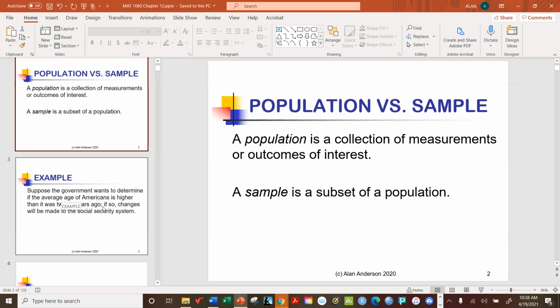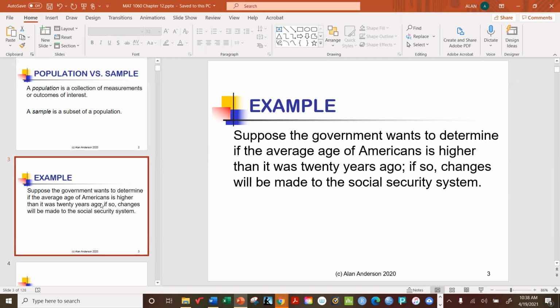Now, we mentioned this example last time. If the government is interested in analyzing if the population is aging in the United States, and there's a lot of good reasons for doing this, because a lot of their expenditures depend on the age of the population. For example, Social Security, Medicare, Medicaid, all the rest of them, a lot of that spending is based on people above a certain age.